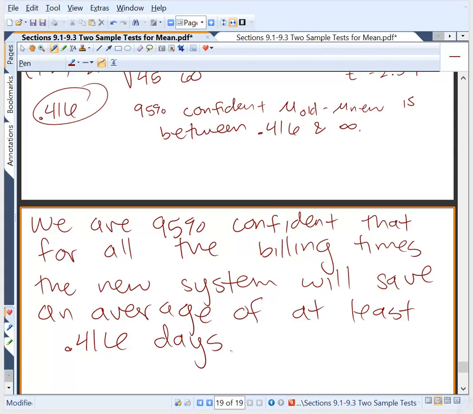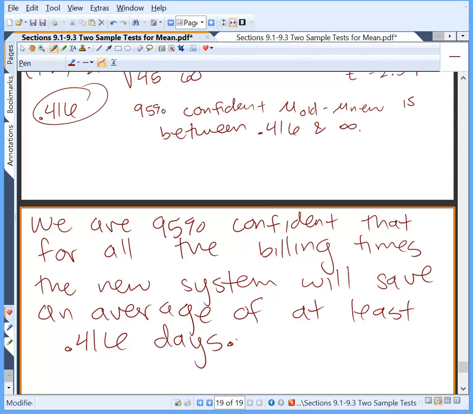It might be even greater than that, but we're 95% confident that it's at least 0.416 days. And that is everything that we're going to do for our 2-sample test.